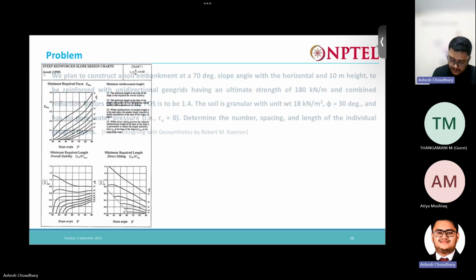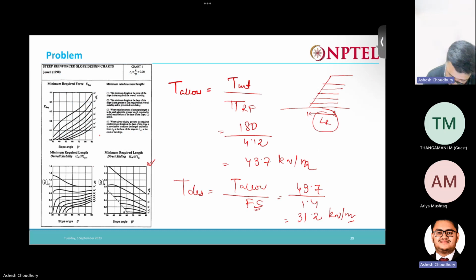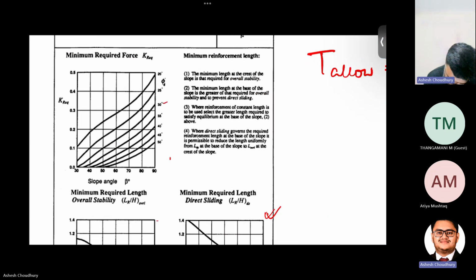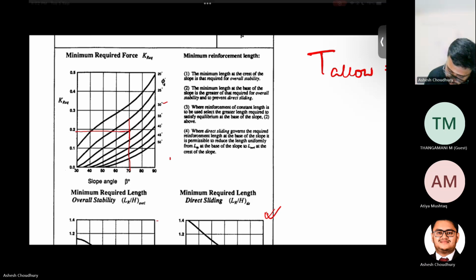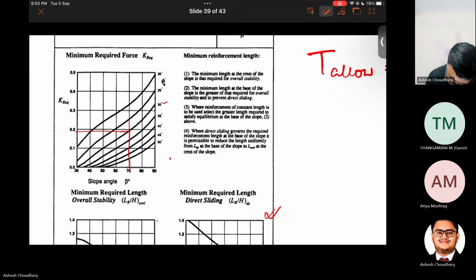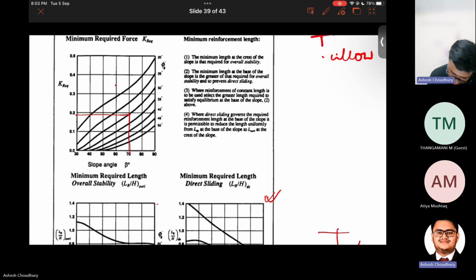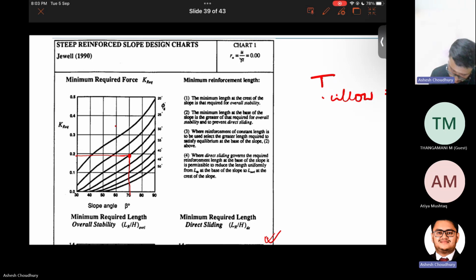Phi is 30 degrees. So for beta equal to 70 degrees and phi equal to 30, this is the graph for phi equal to 30 and this is 70. So this point is approximately 0.19.